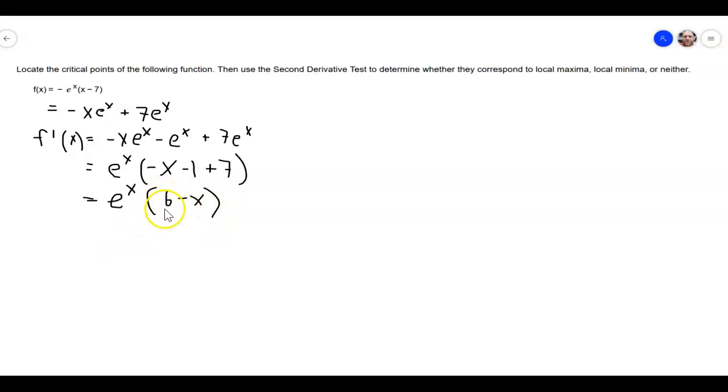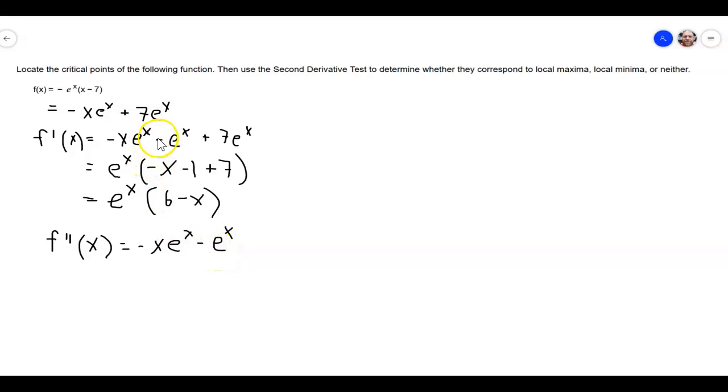Alright, let's go ahead and work on the second derivative before we really get going any farther. I'll use this line to find the second derivative. Once again, we're applying the product rule, so that's going to be negative x e to the x, the first times the derivative of the second, plus the second times the derivative of the first, which is the minus 1 times e to the x again, so that's just minus e to the x.